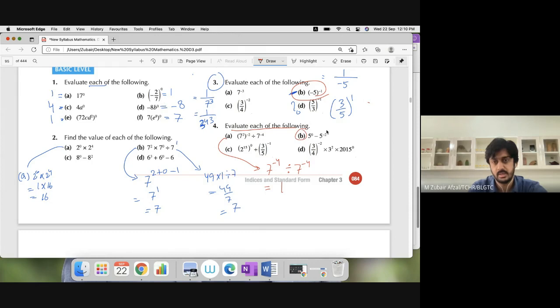Look at question B. This is 5 raised to power 0, that is 1 minus. Now this is -2. So we take it down, it becomes positive. This is 1 minus 1 by 25. Take the LCM. 25 minus 1, 24 by 25.